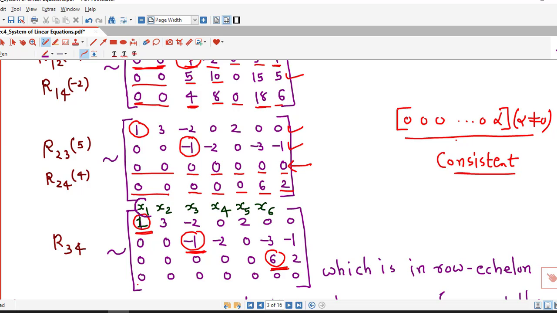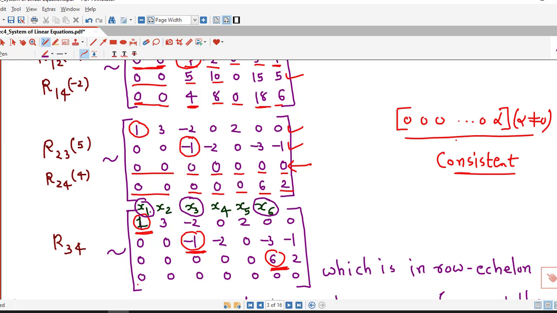So x1 is a leading variable. The first non-zero entry of the second row corresponds to x3, so x3 is a leading variable. And the first non-zero entry of the third row corresponds to x6, so x6 is a leading variable.